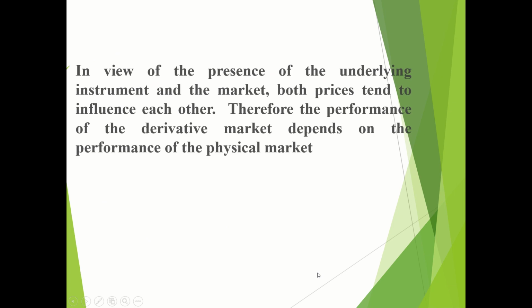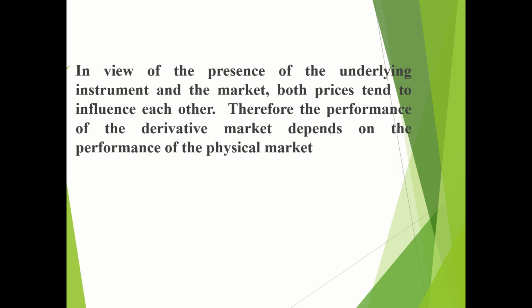Alright, next. In view of the presence of the underlying instrument and the derivative, both prices tend to influence each other. The price of the underlying asset will influence the price of the derivative, the child that is produced. The price of the derivative instrument will also influence the price of the mother. It depends on who you are.